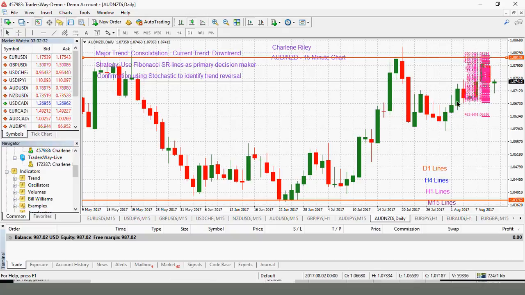Now, here's where the market has been in the past week.